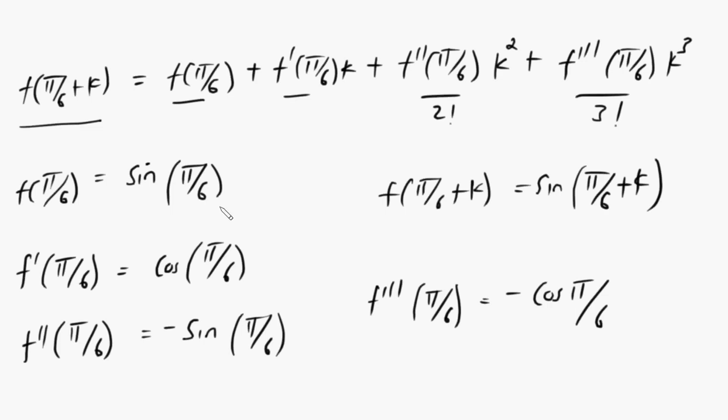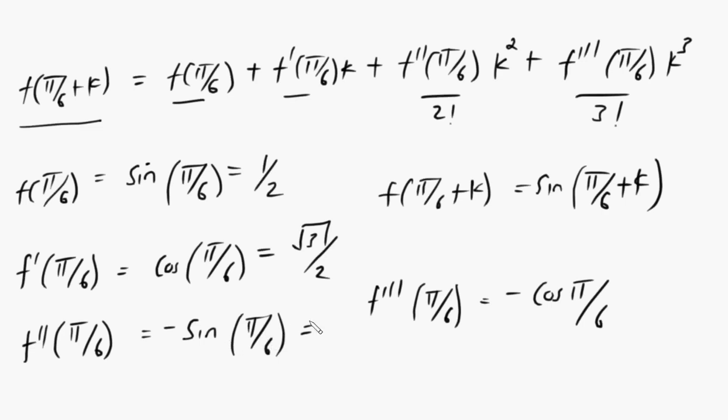So pi over 6 in radians, we convert into degrees, and it is 30 degrees. So sin of 30 degrees is half. Cos of 30 degrees is radical 3 over 2.